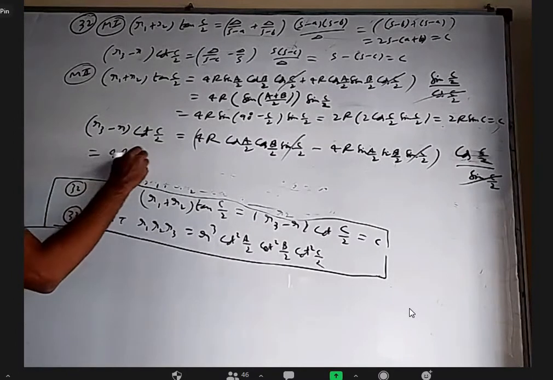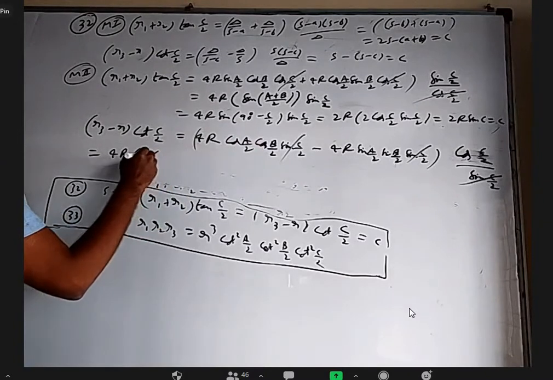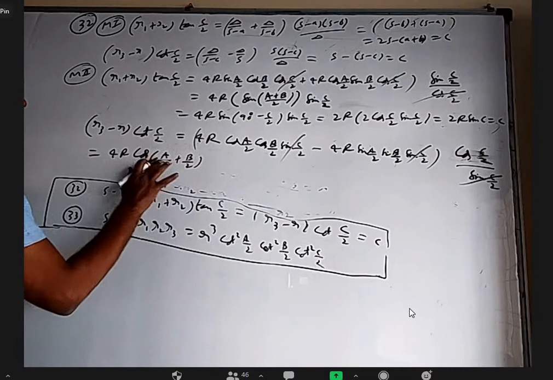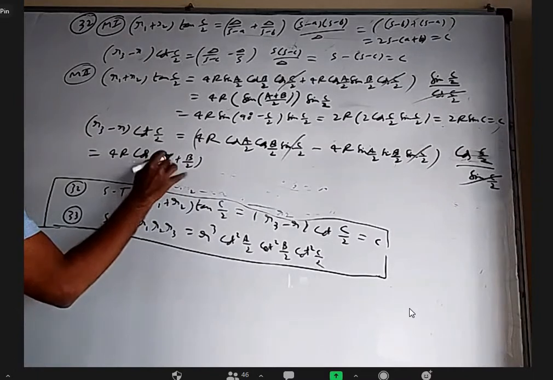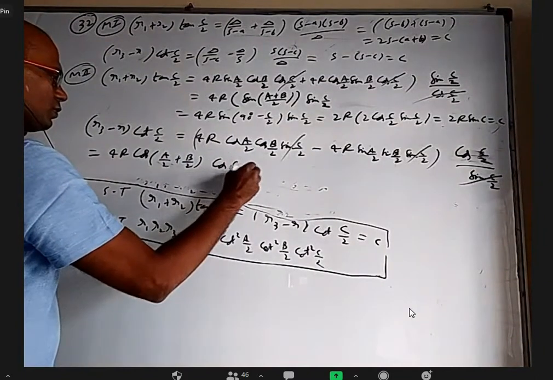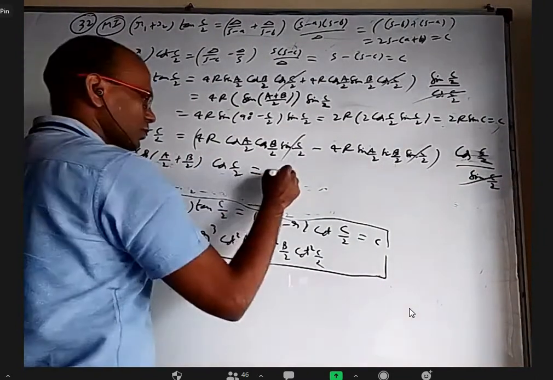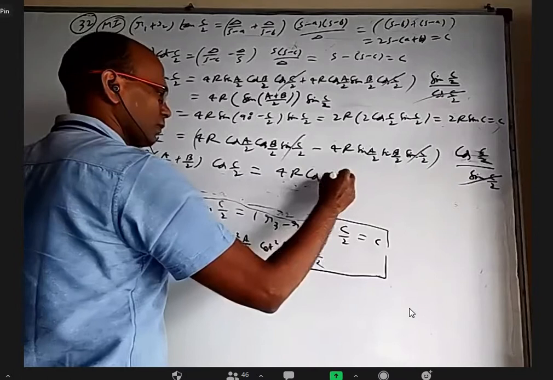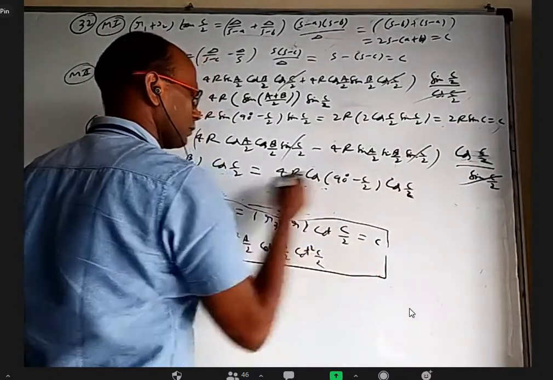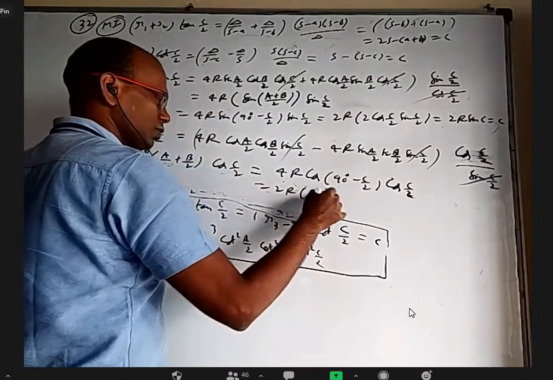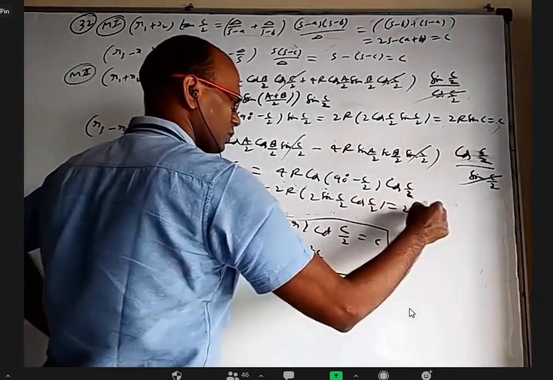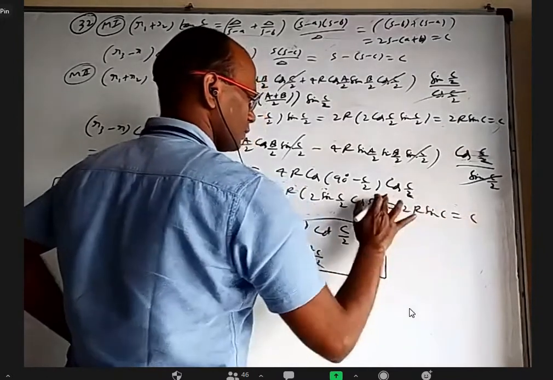For capital R common, cos A cos B minus sin A sin B is cos A plus B. So I'll get cos of A by 2 plus B by 2 into cos C by 2. This is 90 minus C by 2 again. 2R into 2 sin C by 2 cos C by 2, 2R sin C, which is small c.